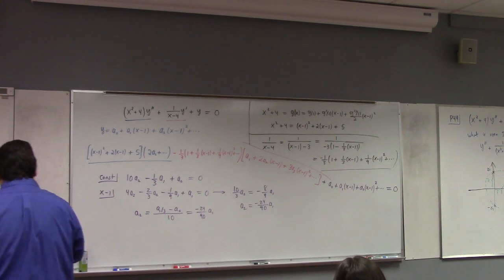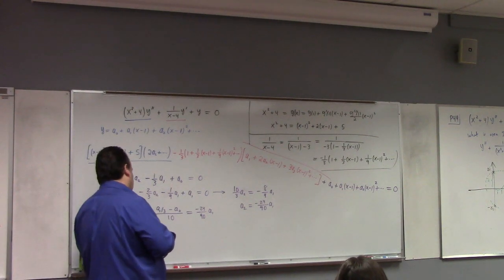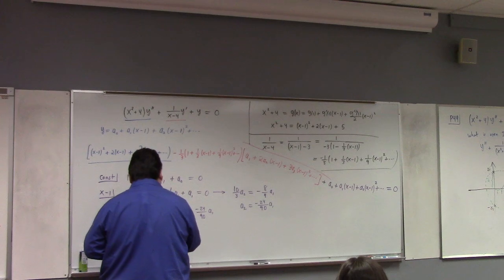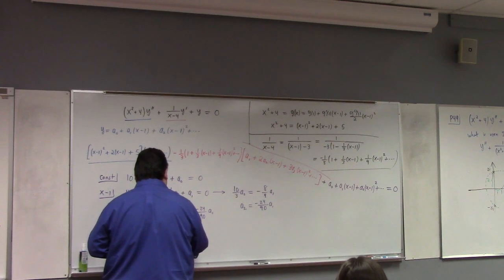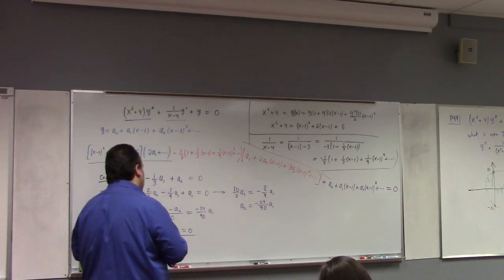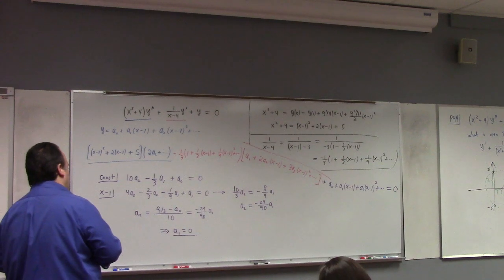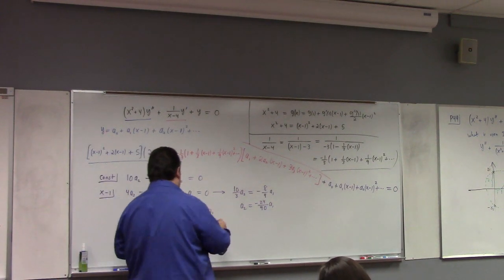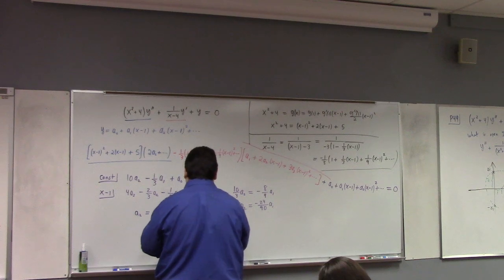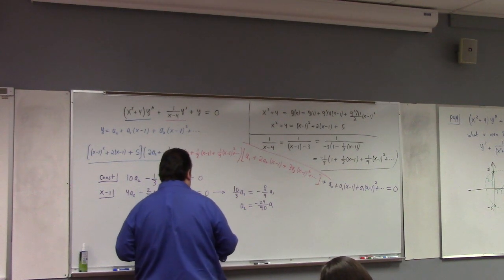I think I'm just about out of class time, unfortunately. I would conjecture that this implies that a1 is equal to 0, most likely. If I had to guess. And then if that's true, I'm going to put a question mark here. I'm not absolutely certain about that, but that would be my suspicion.